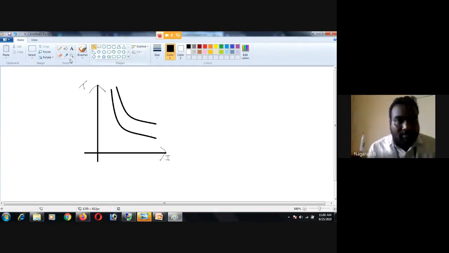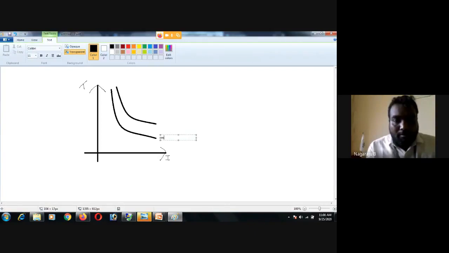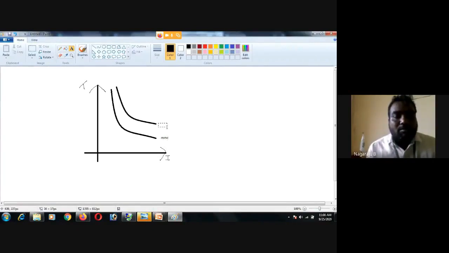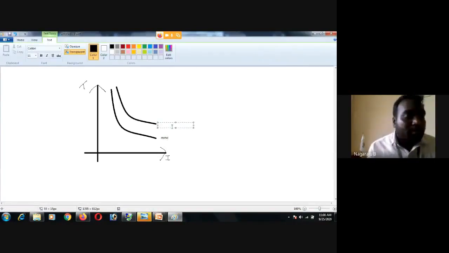I will write MMC, which is nothing but minimum melting curve, and here TCC, total clearing curve.